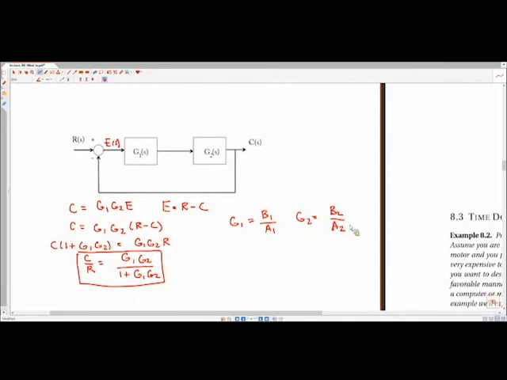The way in which this happens, we can look at from the perspective that we now insert these expressions for G1 and G2 into our equation here. I'm going to get in the numerator B1 over A1, B2 over A2. In the denominator, I'm going to get a slightly different expression.